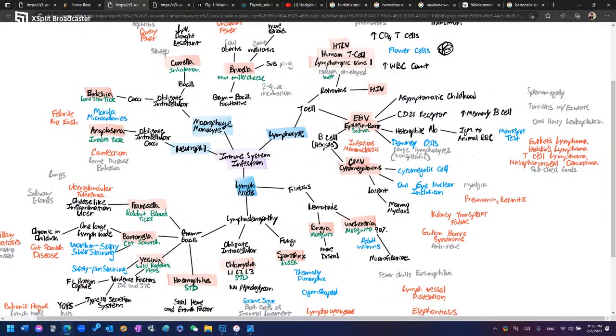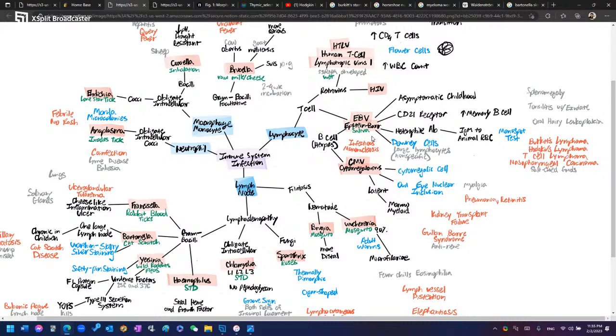Okay, lymphocytes. So now we get into T and B cells. Obviously, HIV and HTLV are big. The retrovirus ones can hitch a ride into the follicles and kill your T cells. Whereas the B cells, you have EBV, which is classic. We already know about it, which increases memory B cells.